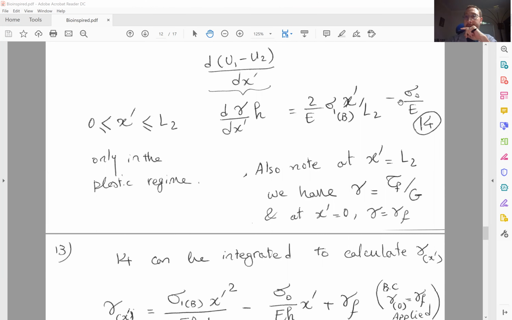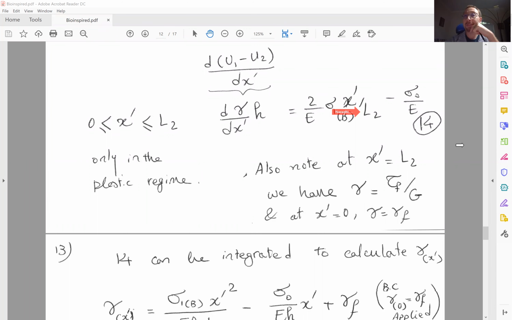This is my ODE, and it's a first order ODE, so it needs one boundary condition, but we have two. The reason is that there are other parameters in the ODE that I don't know. For instance, I do not know what L2 is.